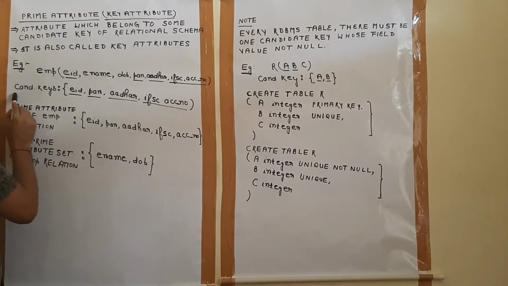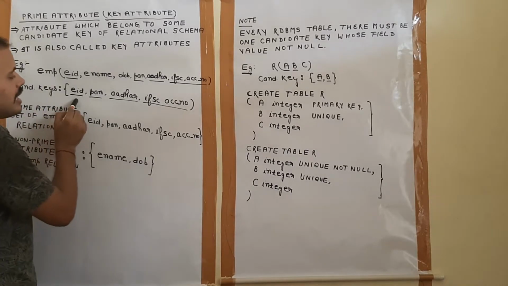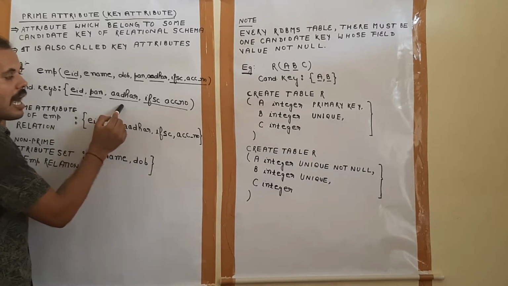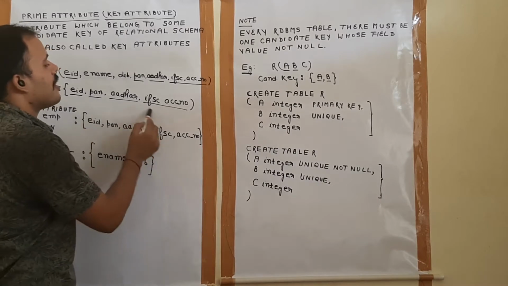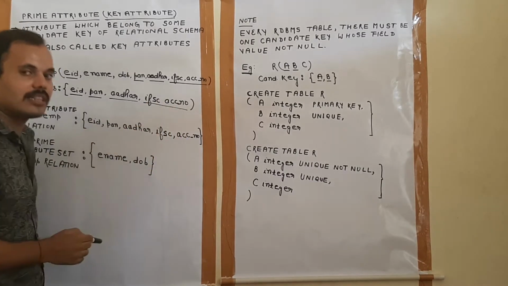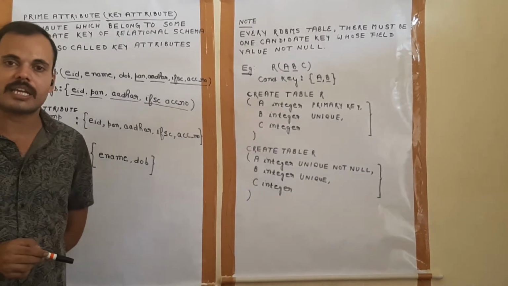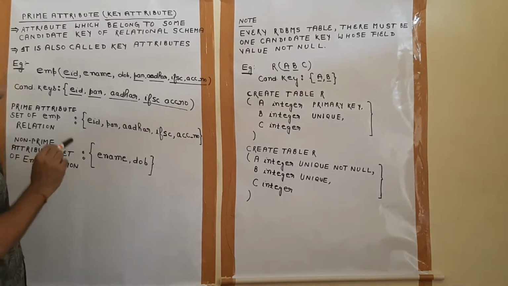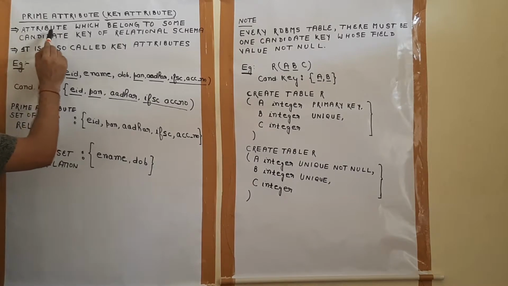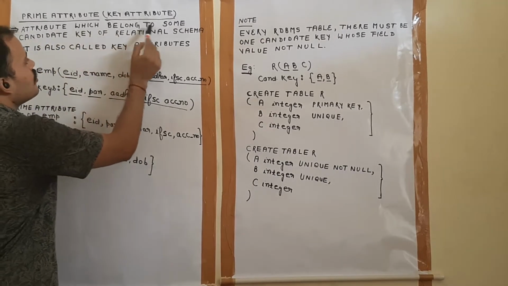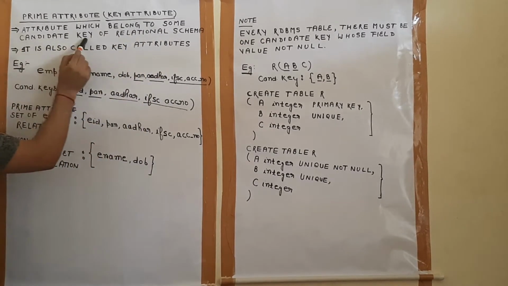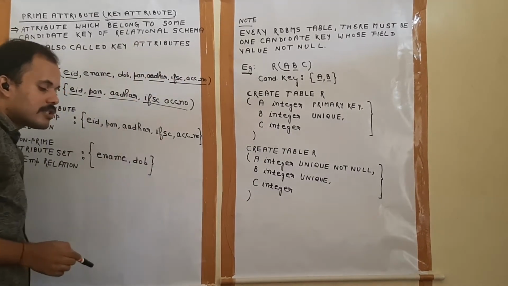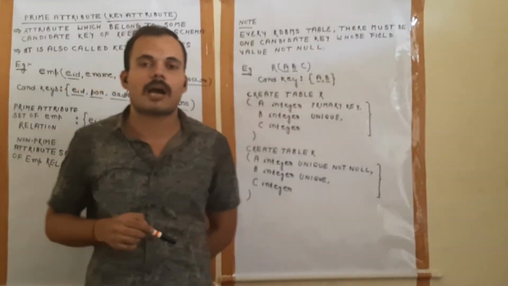See here. What are the candidate keys? EID, PAN, Aadhaar, and IFSC with account number together are the candidate keys. And what is the prime attribute or key attribute? An attribute which belongs to some candidate key of a relational schema. What is a relational schema?